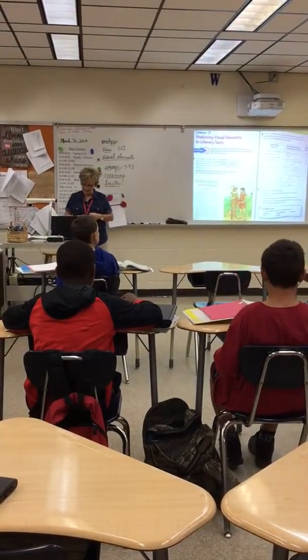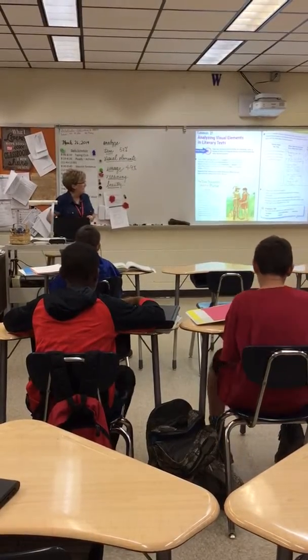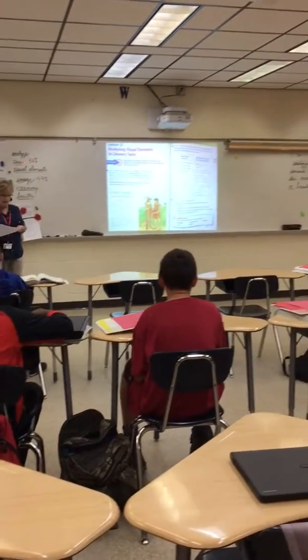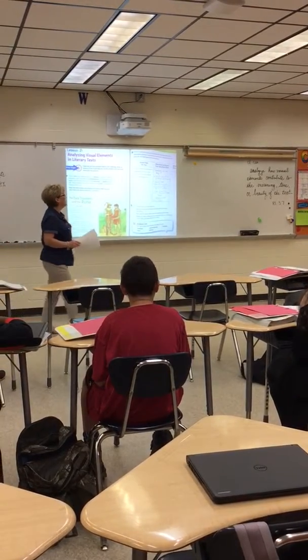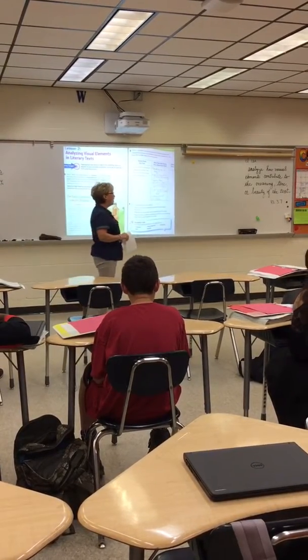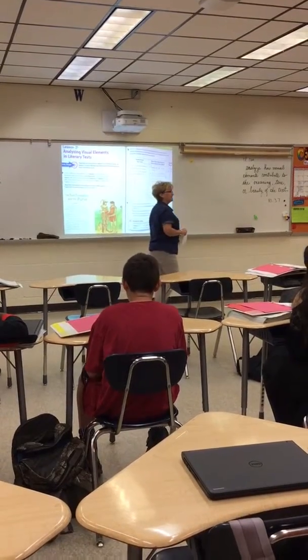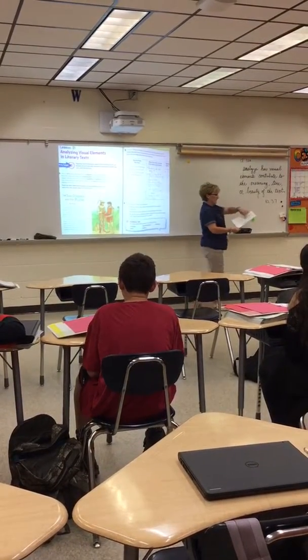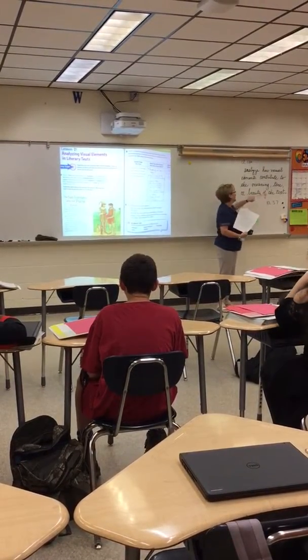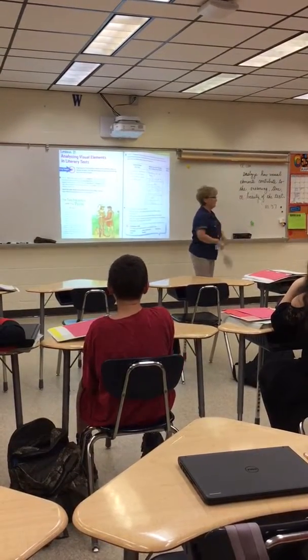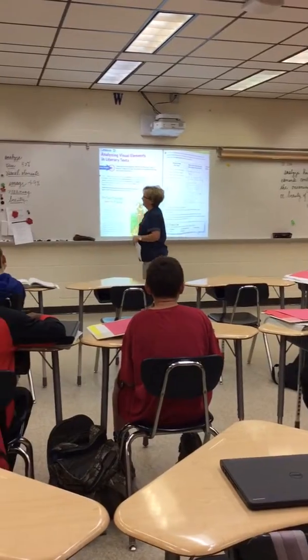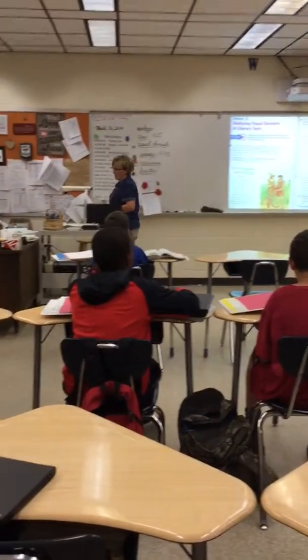So let's read it together. Analyze how visual elements contribute to the meaning, tone, and beauty of the text. You notice that this is the exact standard in here, and then I changed it to student friendly, okay? So we're putting all of those things together to get meaning from the text. So that's our goal this week.